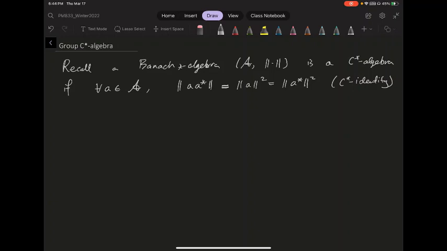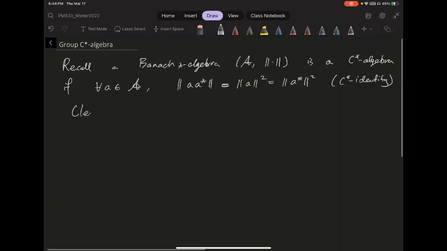And of course, if your algebra A is sitting inside some B of H, for example, the operators on a Hilbert space, then automatically you take the a star, basically the adjoint of your operator. Then it is clear, because of basic operator theory, why they satisfy these.